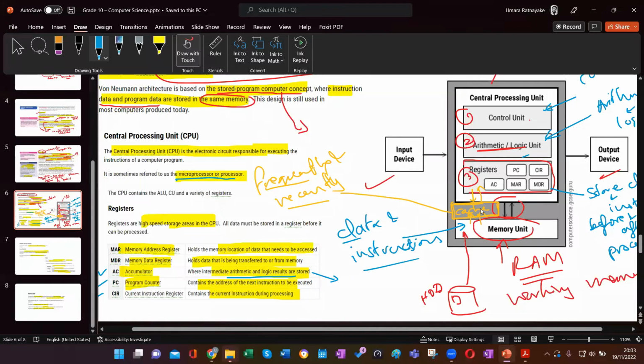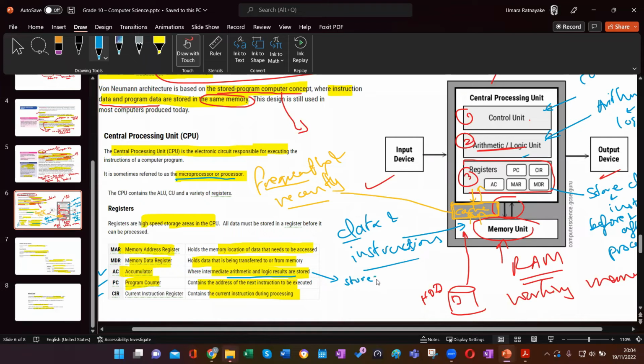So when the data is read from the RAM, it will be held in the accumulator, and then it will be taken to the arithmetic unit from the accumulator, and then after processing, there will be the accumulator, right? Intermediate arithmetic and logic results are stored.